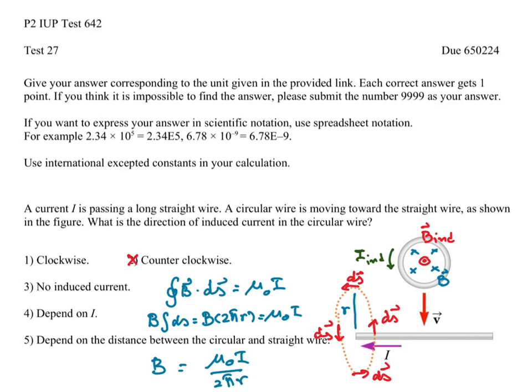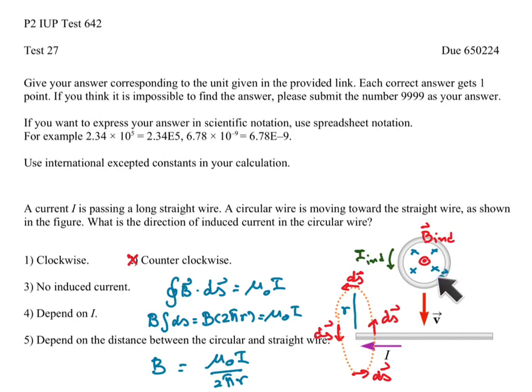Now, the second thing is that we have a circular wire here, and this circular wire moves toward the straight wire, and the magnetic field produced by the straight wire will pass through the circular wire, and it points into the plane like this.